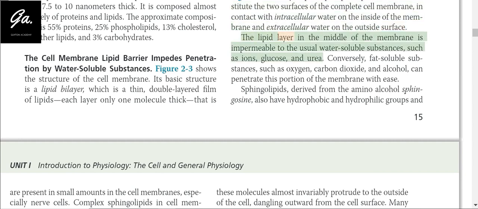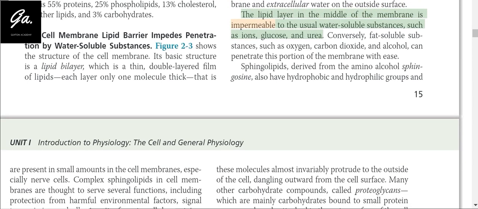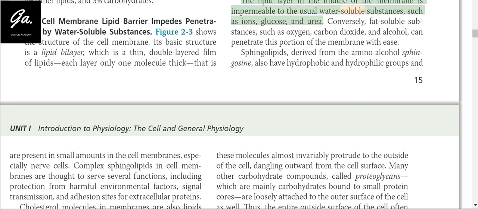The lipid layer in the middle of the membrane is impermeable to the usual water-soluble substances, such as ions, glucose, and urea. Conversely, fat-soluble substances, such as oxygen, carbon dioxide, and alcohol, can penetrate this portion of the membrane with ease.